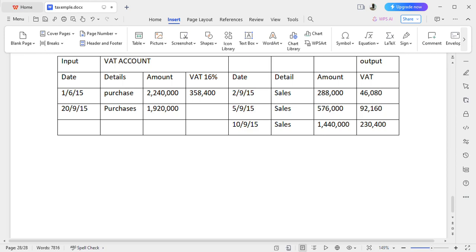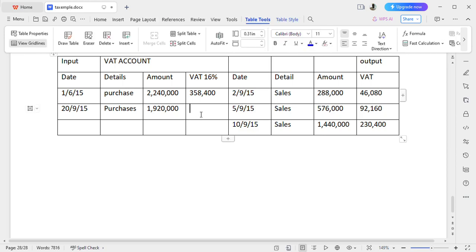But when it is exclusive, you do it directly, and that's what we are doing now. So 16% of this is 307,200.